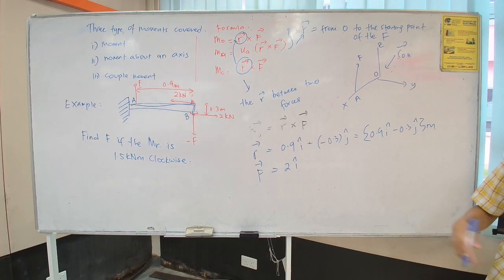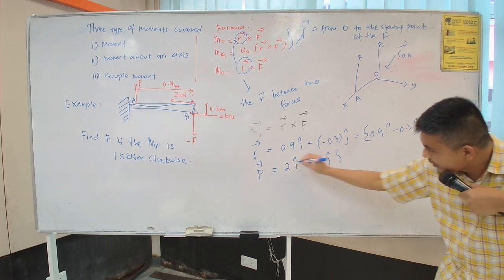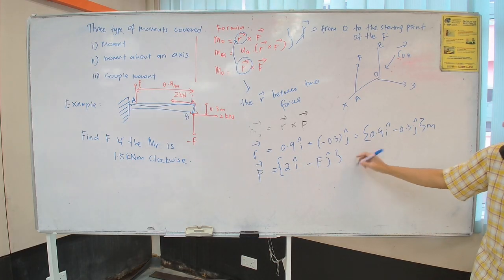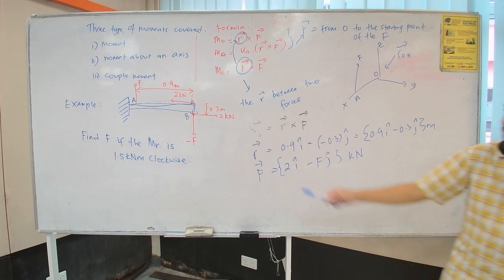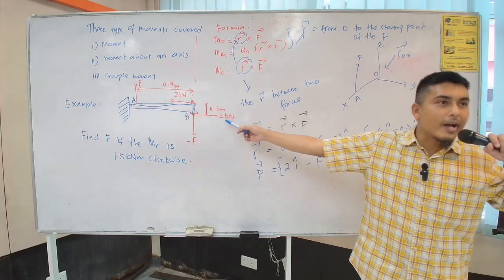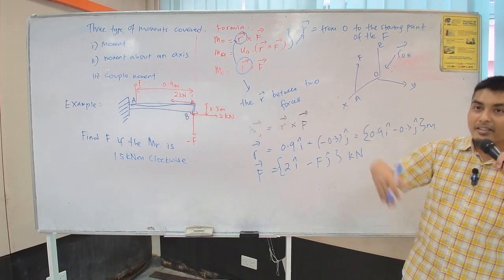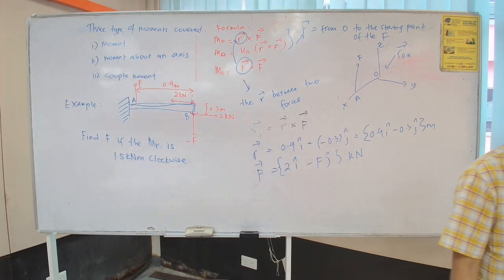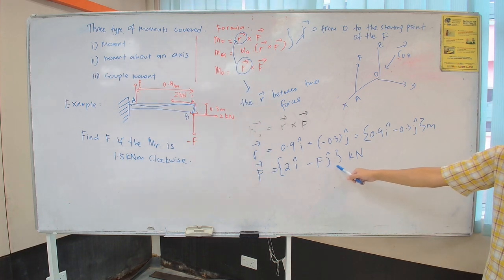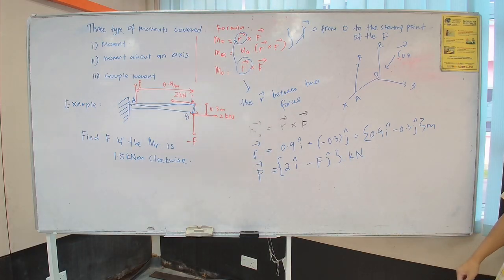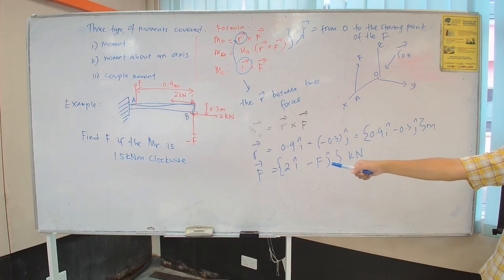Negative F. So negative F in the J direction. So the unit is kilonewton. Because our F here is already separated into X and Y, don't get confused, you just use the information only. So this is our F: 2I minus FJ kilonewton. Our question is we need to find the F value.